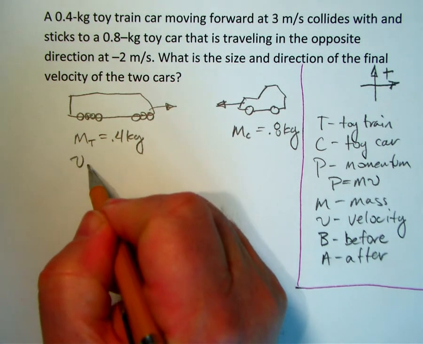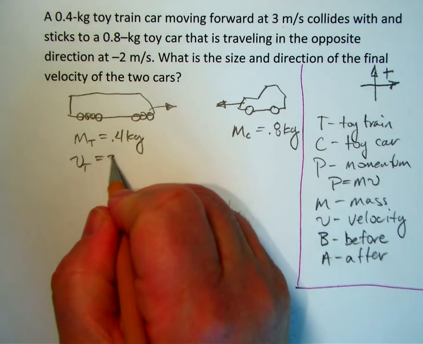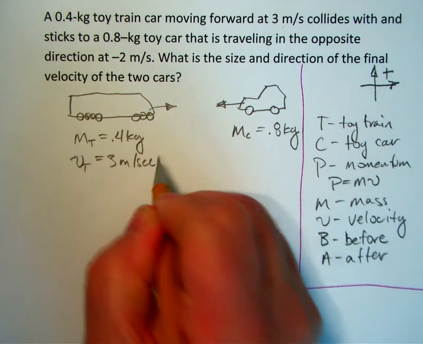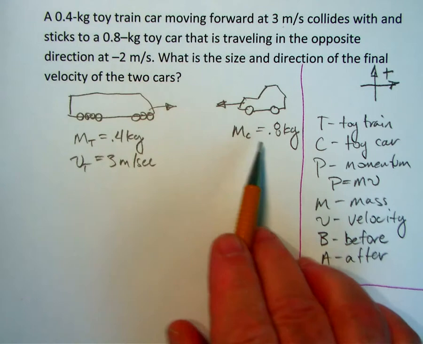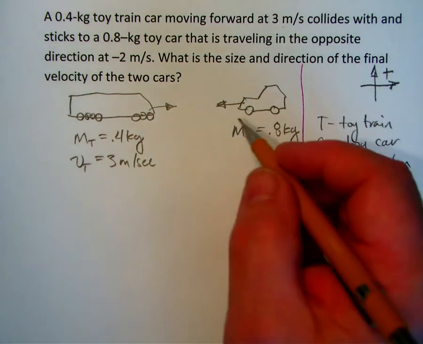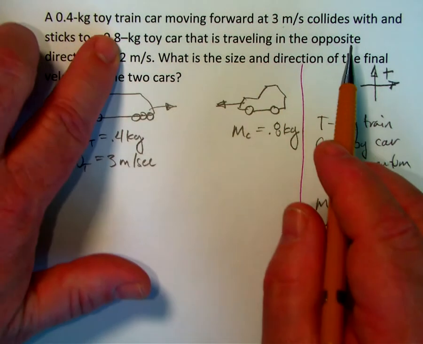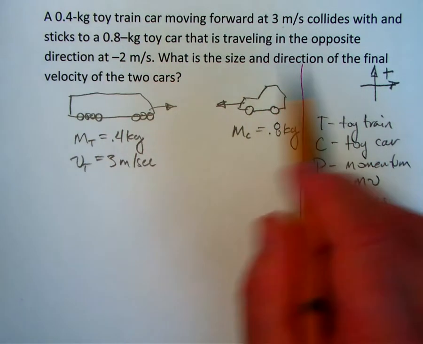The velocity of the train is 3 meters per second. And the velocity of the car is 2 meters per second. And it says negative, and it also says opposite direction. Sometimes it will say opposite direction and not have the negative sign. Sometimes it includes it.